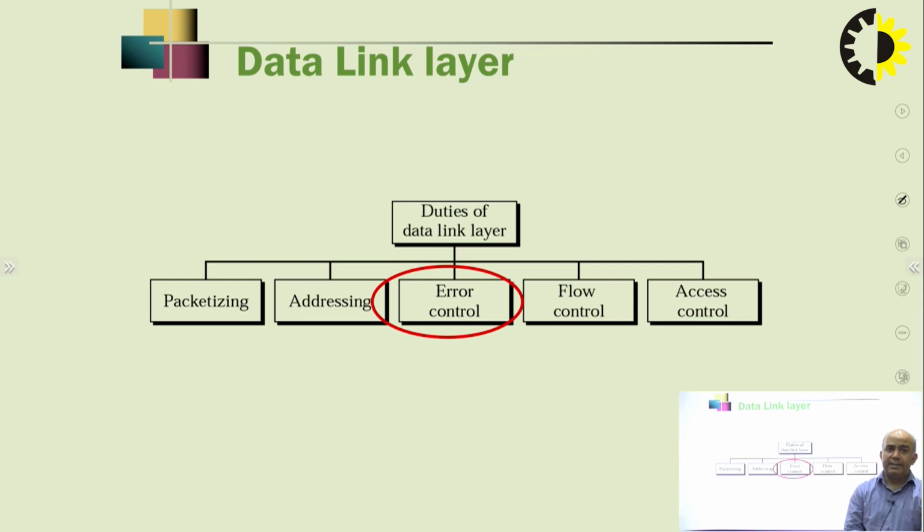In access control, we define how the wireless medium in the data link layer is going to be accessed, and the rate at which data is transferred from source to destination.